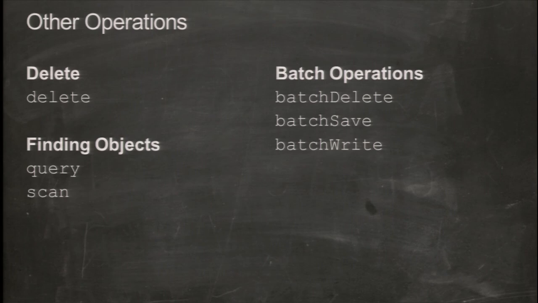It's important to note that the query operation requires that you have both a range key and a hash key, and our scan operation has pagination, so we'll lazily load objects, but it will use more provisioned read throughput. Finally, the mapper supports a number of batch operations, including batch delete, batch save, and batch write, which is actually a combination of both write and delete. And the important thing to note about our batch operations is that they are not considered transactional, so you can have partial success of those batch operations.